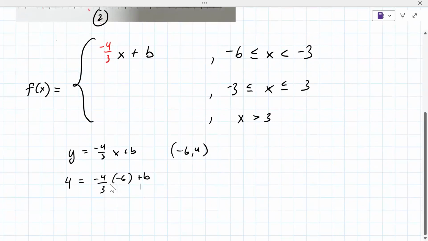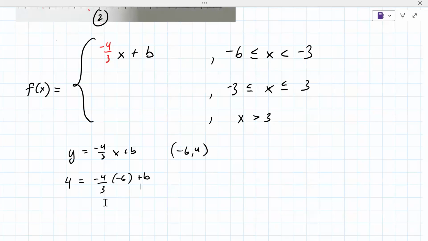Do you want to give that a try for me, please? That would be 24 thirds. So 8. Okay, keep going. You have to solve for b.